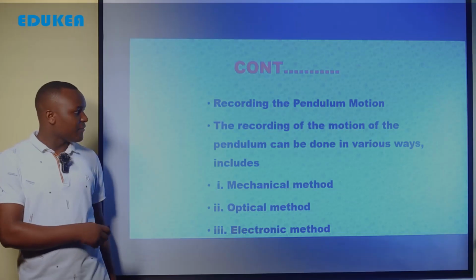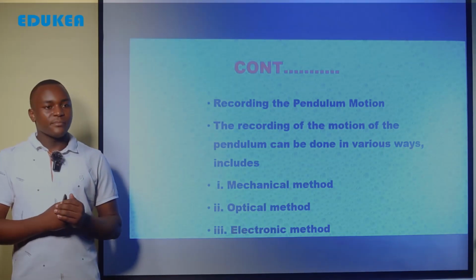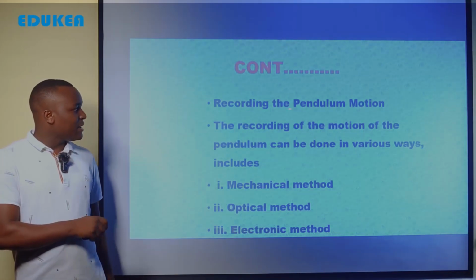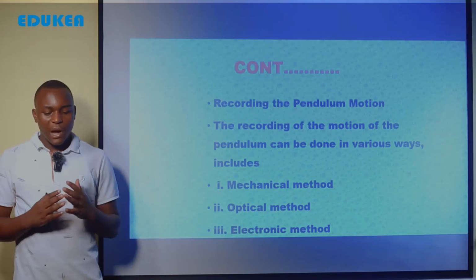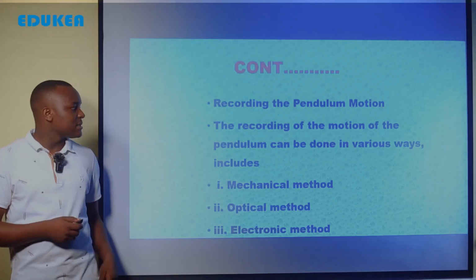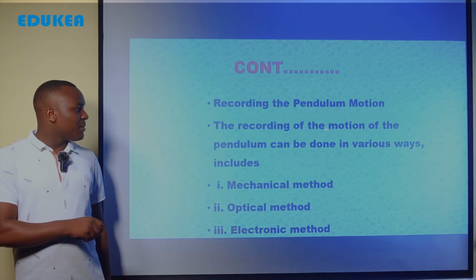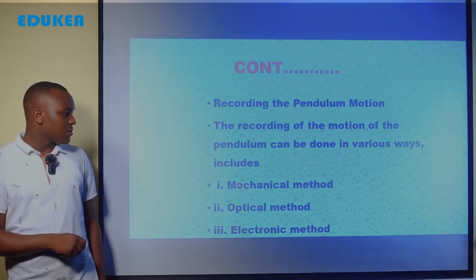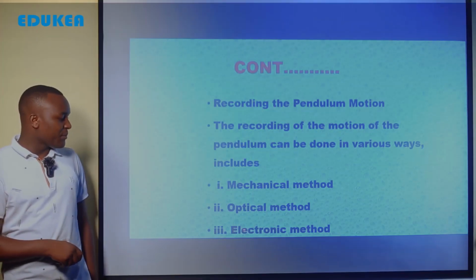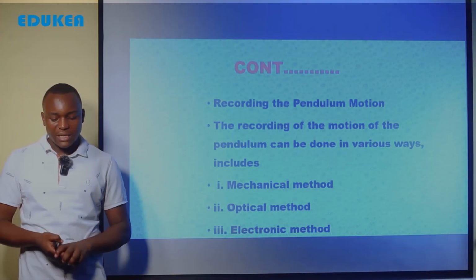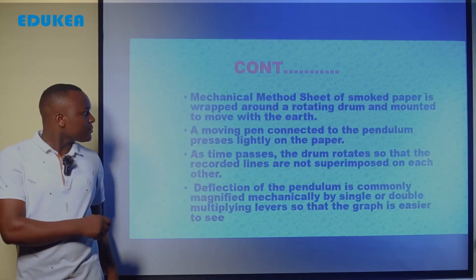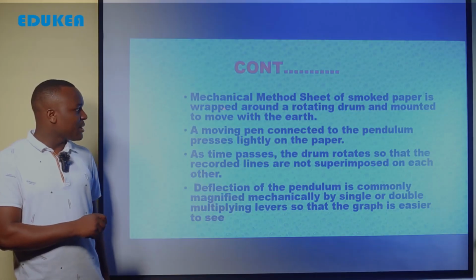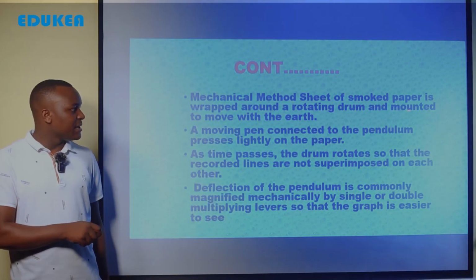So, recording the pendulum motion. How to record the pendulum motion? We say that the recording of the motion of the pendulum can be done in various ways. The first way includes the mechanical method, optical method, and the last one is the electronic method. We say that in the mechanical method, a sheet of smoked paper is wrapped around a rotating drum and mounted to move with the earth. A moving pen connected to the pendulum presses lightly on the paper.